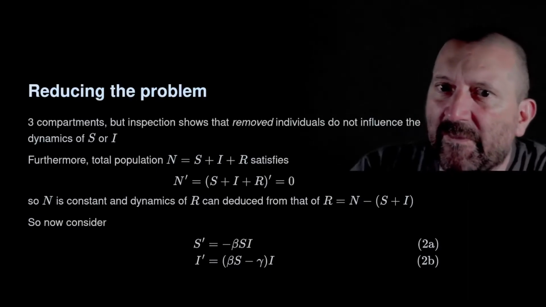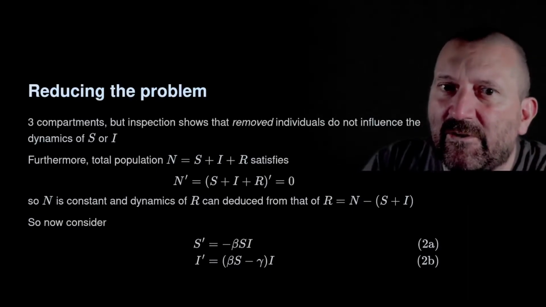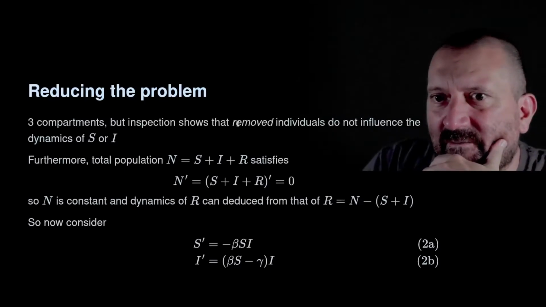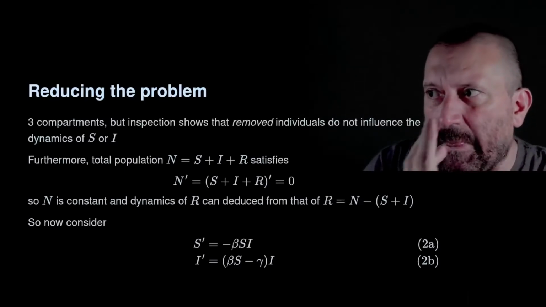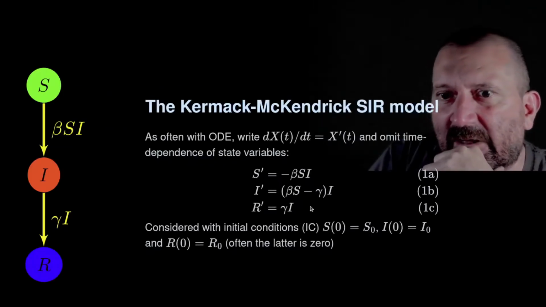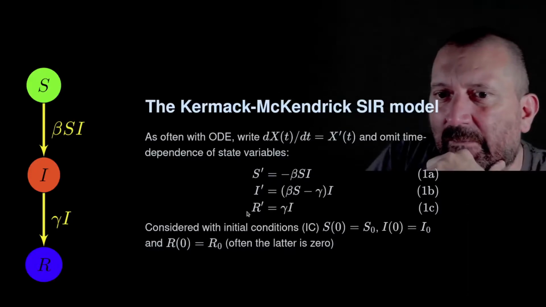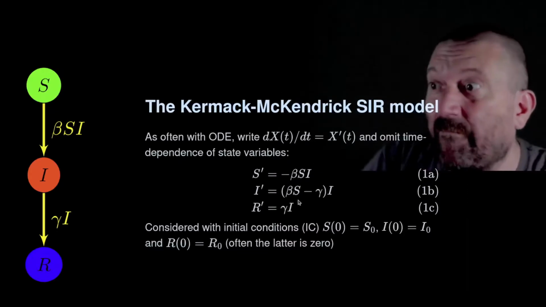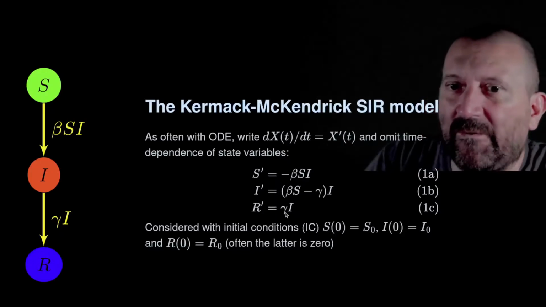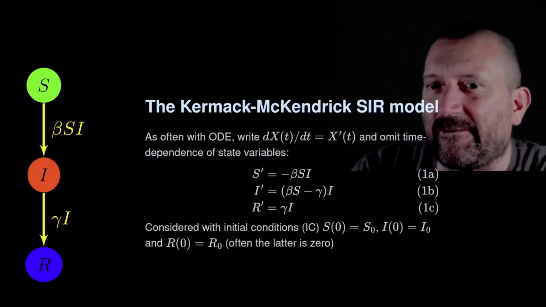Now, if you look at the system, one thing you can see is that removed individuals don't play a role in the dynamics of the problem. S is involved in those two equations, I is involved in the three equations, but R is only involved in this last equation.